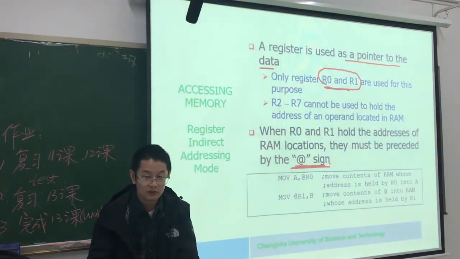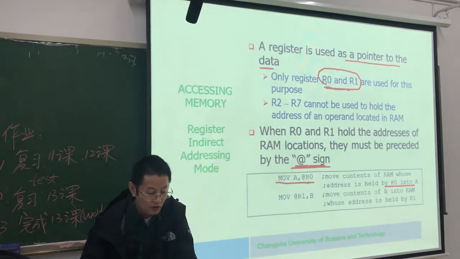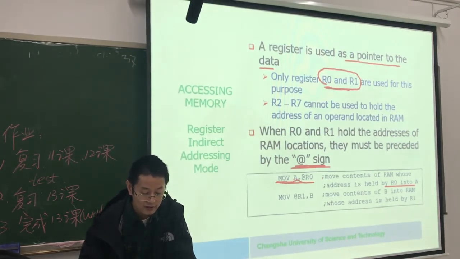MOV A, @R0 moves the content of the RAM whose address is held by R0 into A, which means not copying the content of R0, but the content at the address R0 points to. So the @ sign has a special purpose.